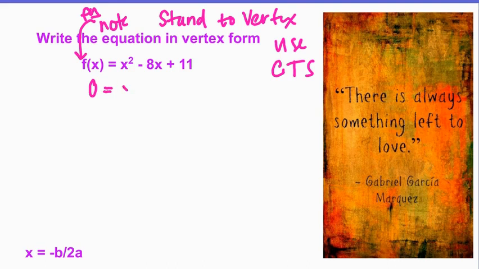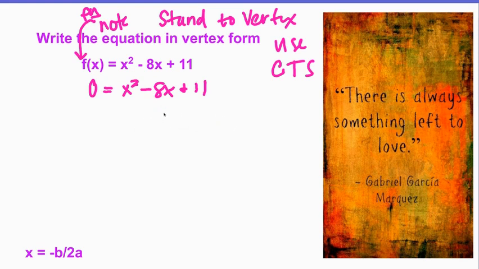0 equals x squared minus 8x plus 11. And so if you recall back to that previous slide, if you need to pause and rewind, all of them had something like this, x squared minus 8x, and then they had a blank right here, right? And I need to get to that.